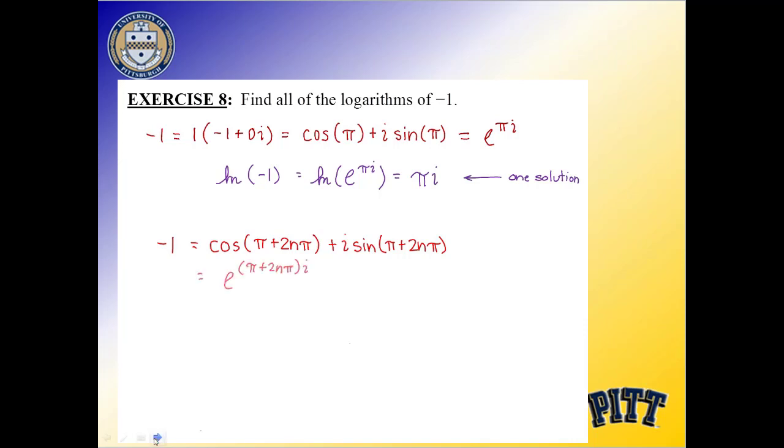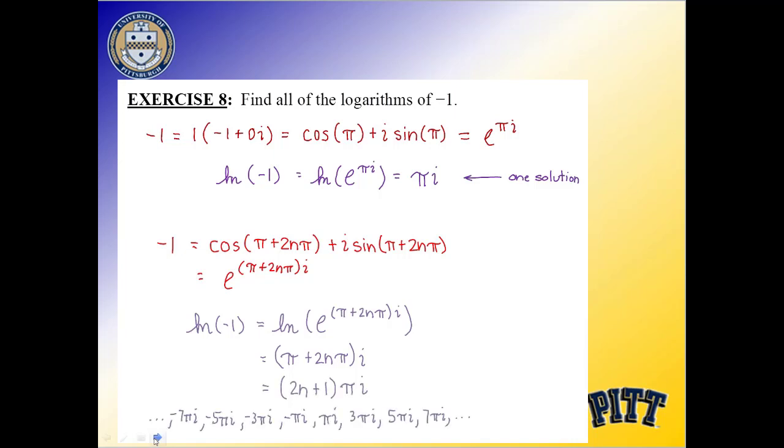So essentially, that would give me this, which means that the natural log of -1 would be the natural log of this thing here, which would be pi plus 2n pi all times i. Or I could write it as 2n plus 1 pi i, which basically means pi i, 3 pi i, 5 pi i, negative pi i, negative 3 pi i, negative 5 pi i, negative 7 pi i, and all the way down both directions are all answers that would go along with the natural log of -1.